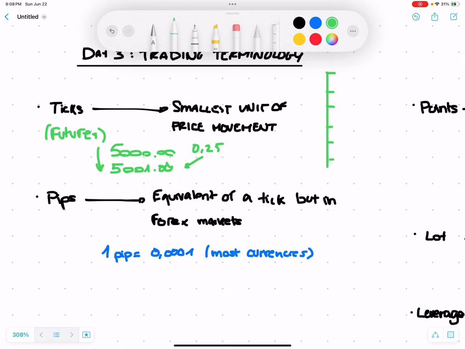So essentially these 4 steps would be called 4 ticks. The distance of $1 is 4 ticks.